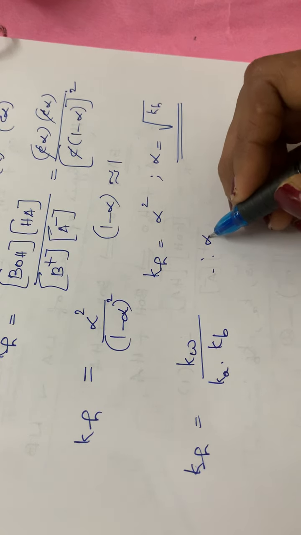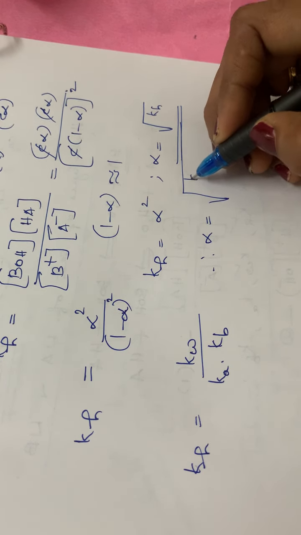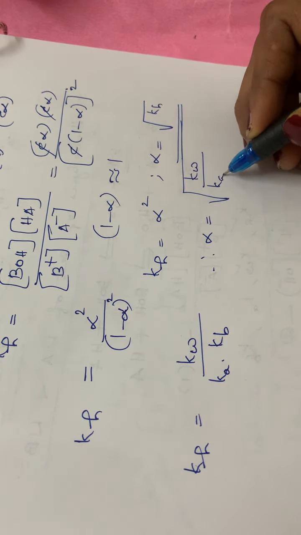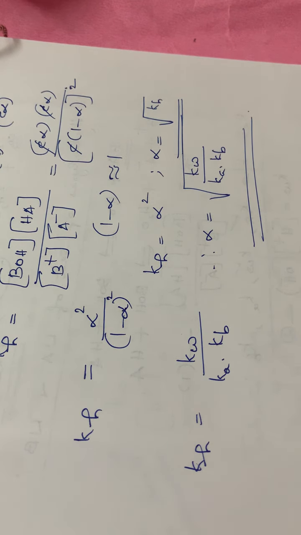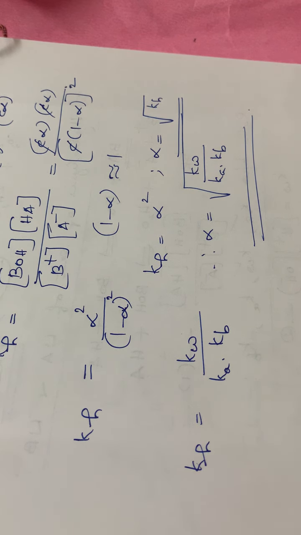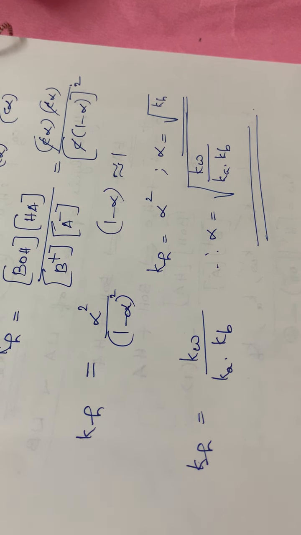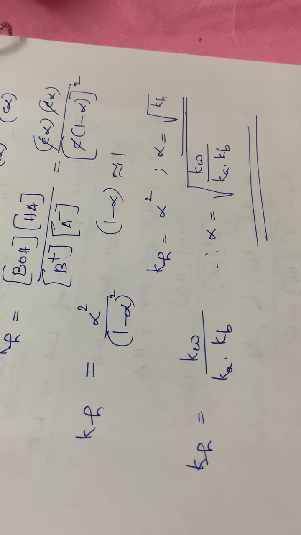So therefore alpha is equal to square root of KW by Ka into Kb. So this is the degree of hydrolysis. Then the next one is the H plus ion concentration and pH.